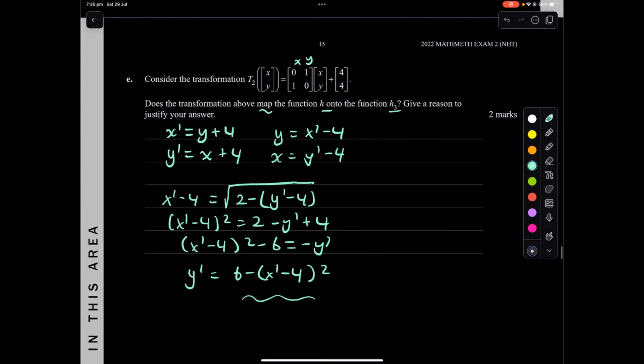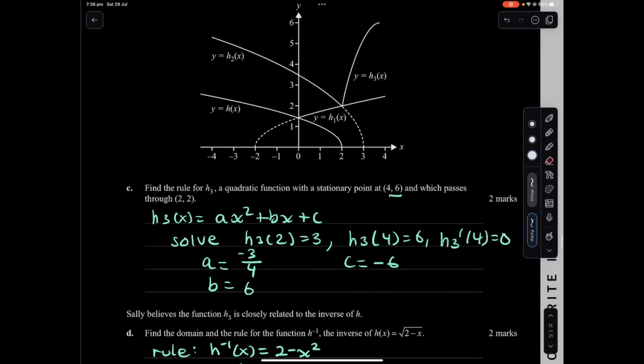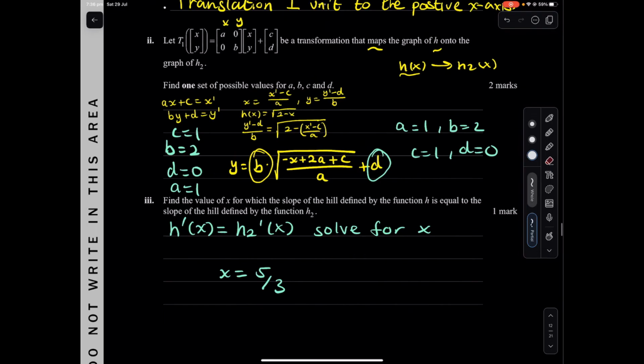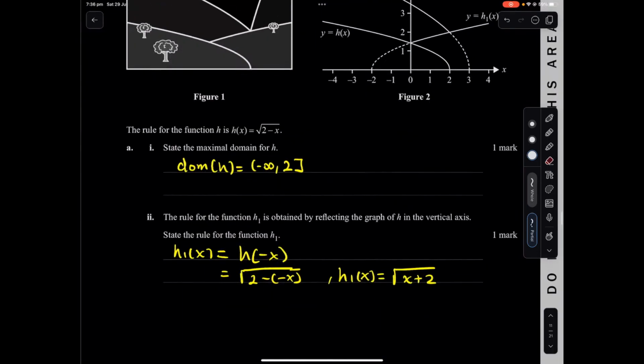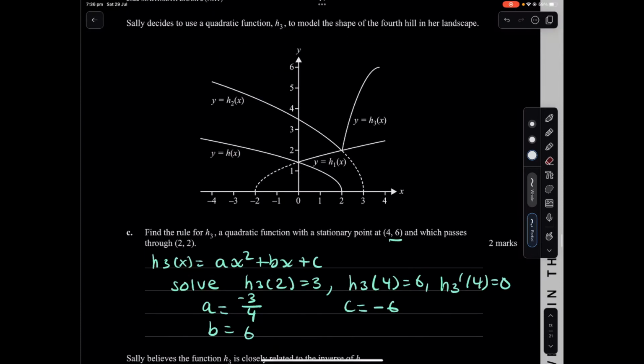Okay, so that's the transformation above. Does the transformation above change the graph of the function f into the function h3? What's h3 again?